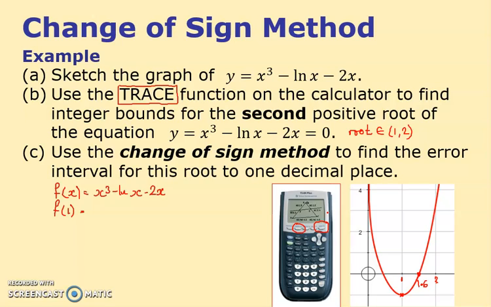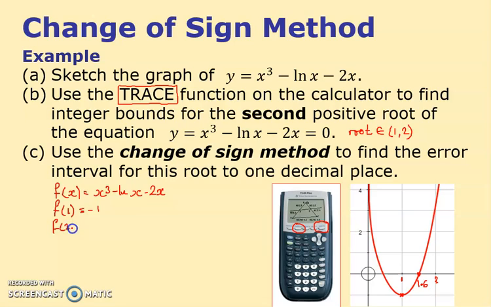X cubed minus log x minus 2x. And I'm starting at 0, going up to 3, in steps of 1. Yes, so I've got that. So I've got f of 1 is, according to me, equal to minus 1.